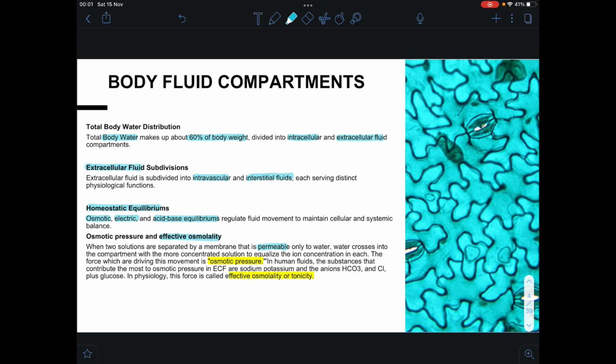Therefore, the substances that contribute to the highest osmotic pressure are molecules like sodium, potassium, bicarbonate, and chloride. And that's why we study sodium, because sodium is one of the most osmotically effective molecules, and any imbalance can lead to changes in the cells, either swelling or shrinkage of cells.